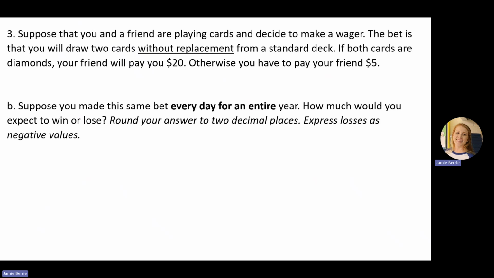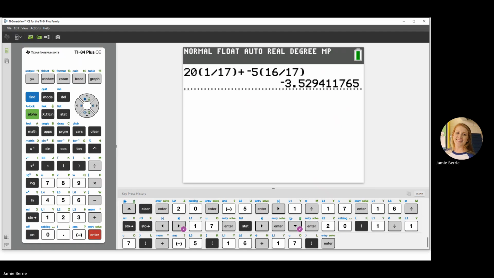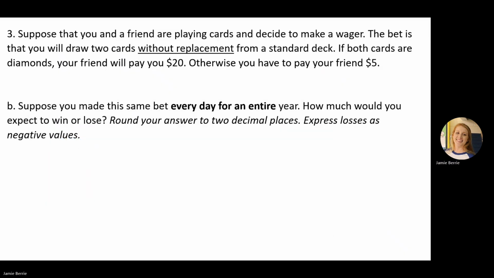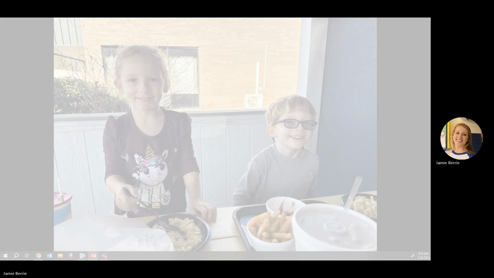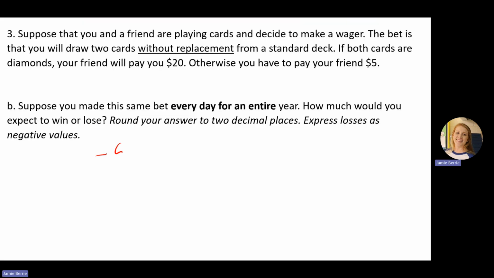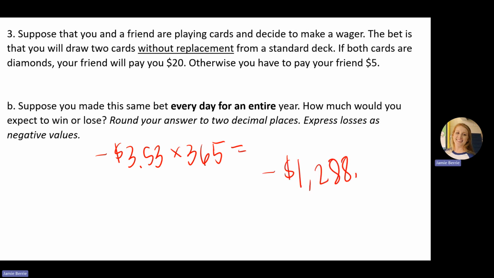So if you were losing, what did we say, $3.53? So every day we lose $3.53 for 365 days. Multiply that in your calculator, -3.53 times 365. We would expect to lose $1,288.45 over the course of the whole year.